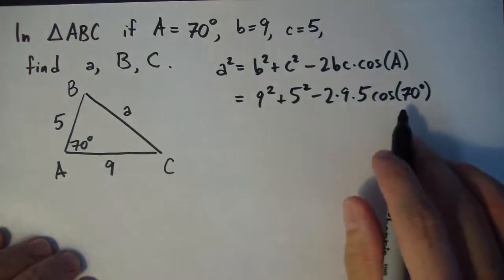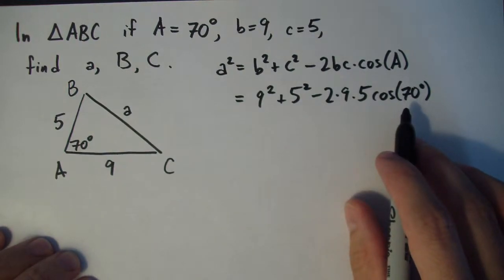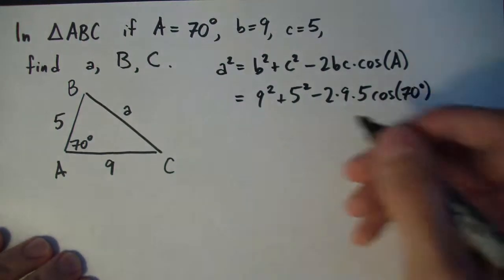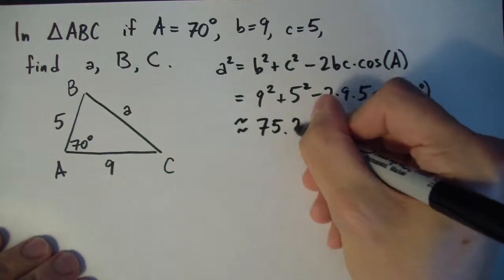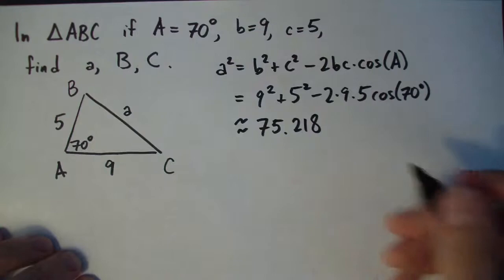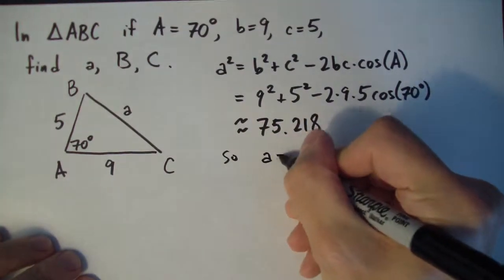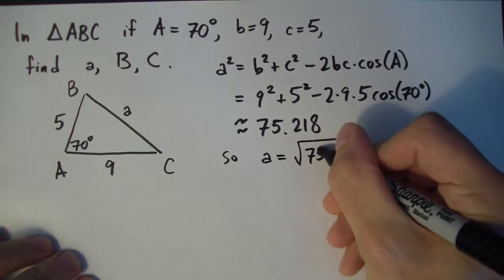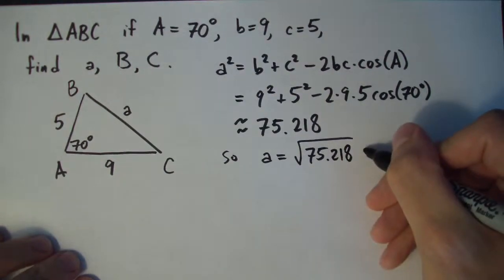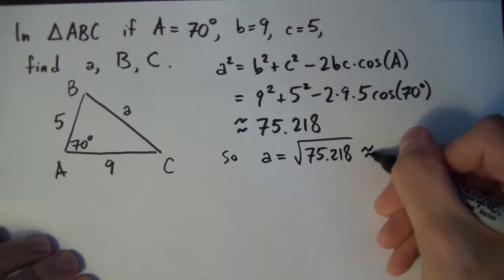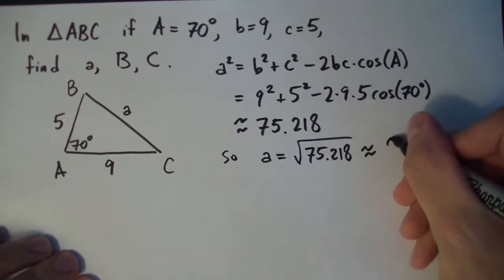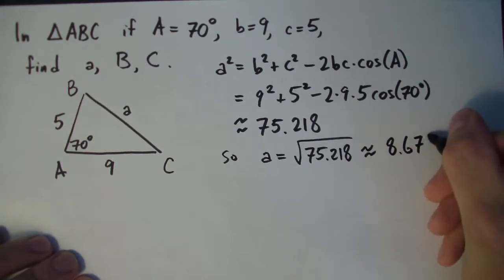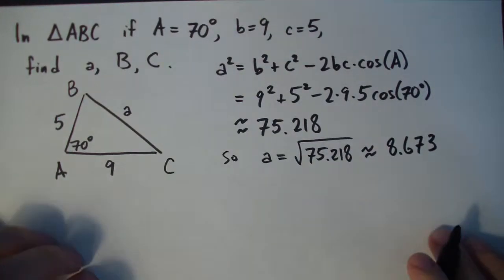And now, when we evaluate this, we find that this is roughly 75.218. And so A is the square root of that, which comes out to be approximately 8.673. So that's what A is.